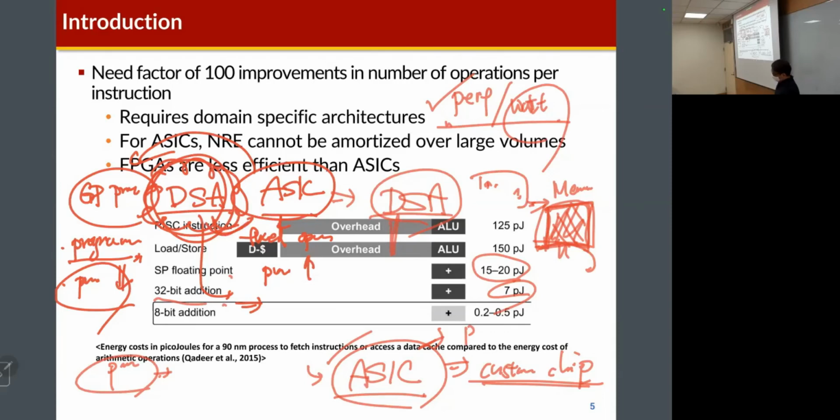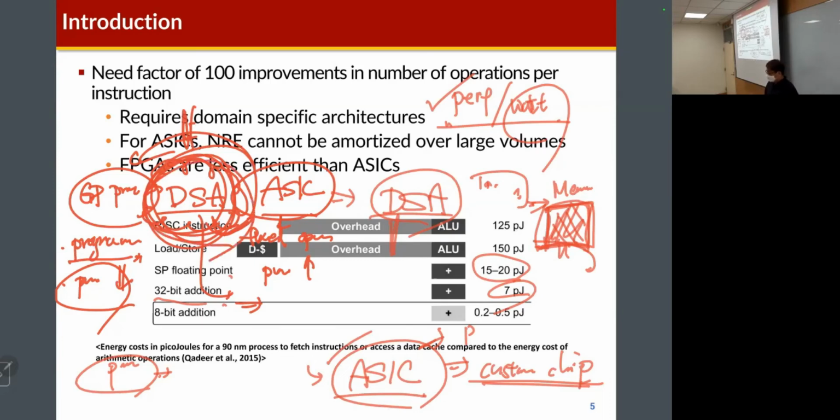If we look at the processor architecture of a domain-specific architecture, it's similar to the hardware architecture of an ASIC. But a domain-specific architecture also supports programmability defined by an instruction set architecture.